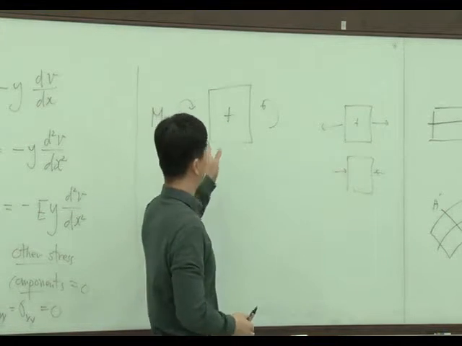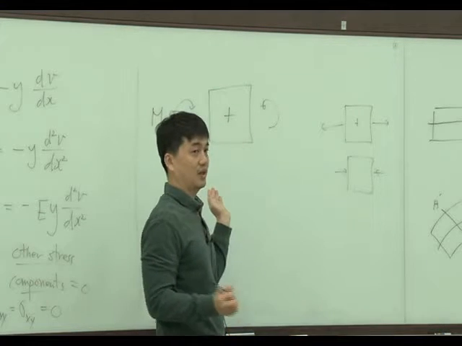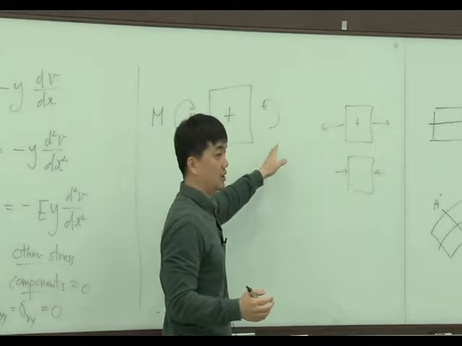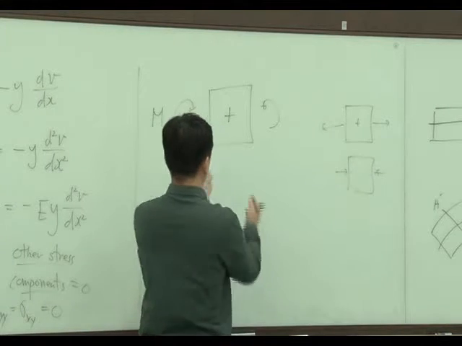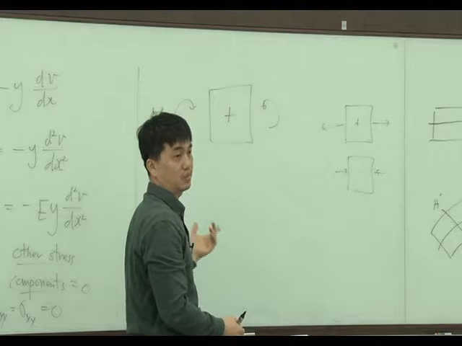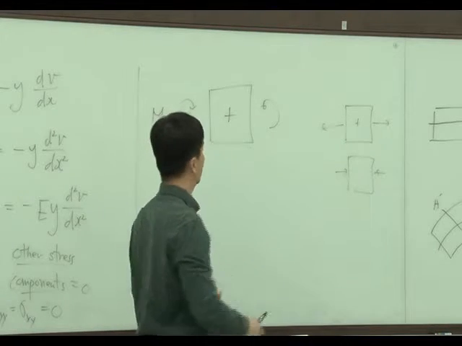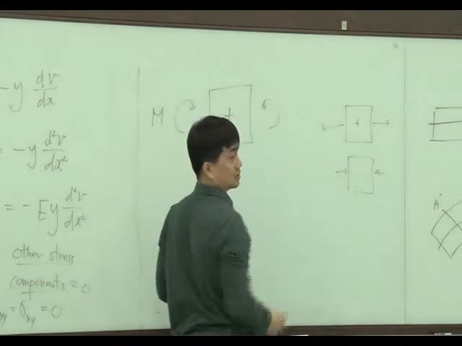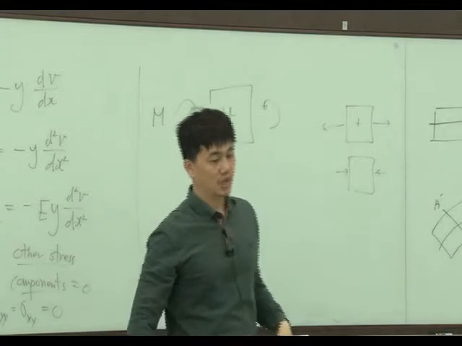At some part of the beam, on both sides, we have this kind of bending. We can define this as a positive moment. Okay? And the other direction, negative bending.